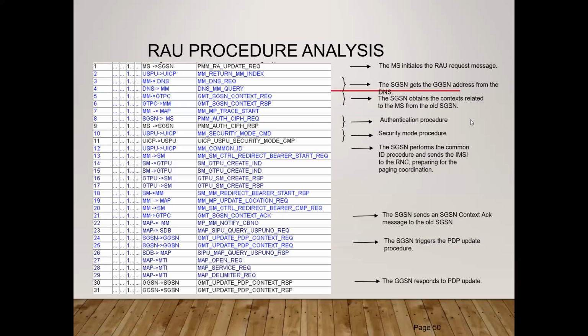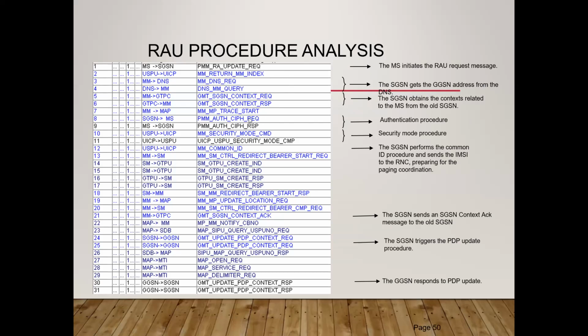So here we are. The MS will initiate a routing area request message. The SGSN, this is an internal DNS, gets the GGSN information from DNS. Then there is the context request message and context response message.